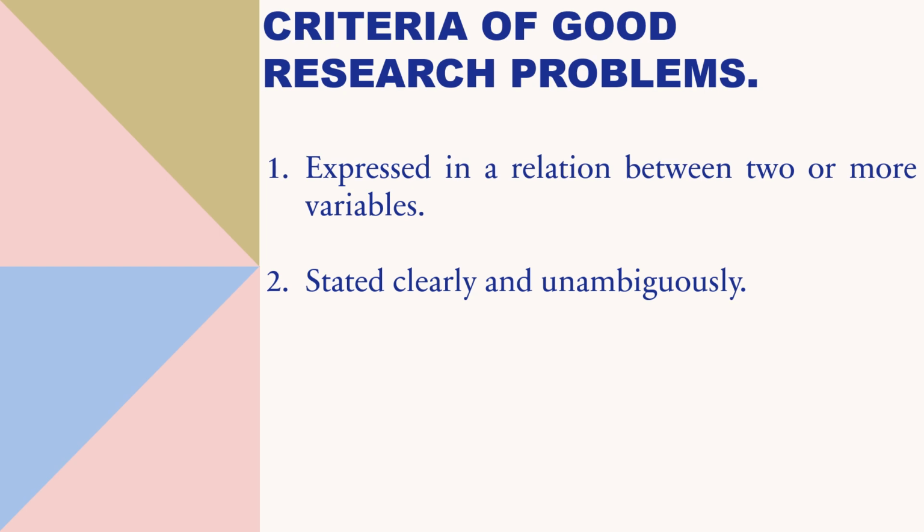And you find that in that way, the student is not very clear about what he or she wants to know. So when you do that, it confuses the reader, it confuses other scholars, it confuses your supervisor, even it confuses your peers. They don't understand really what you want to research. So it is very important for you to pin down the exact problem that you want to research clearly and unambiguously.